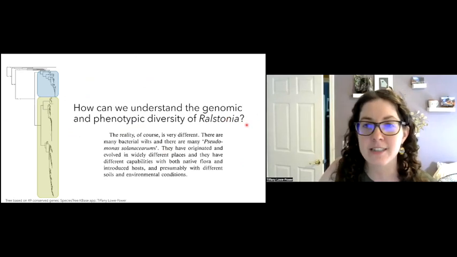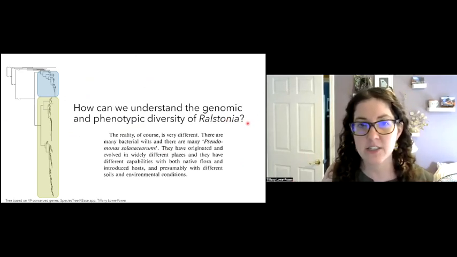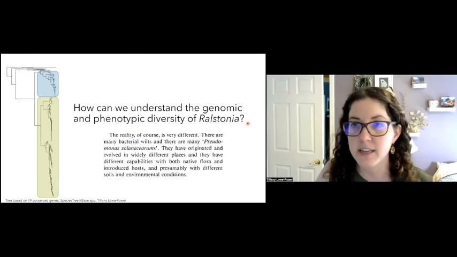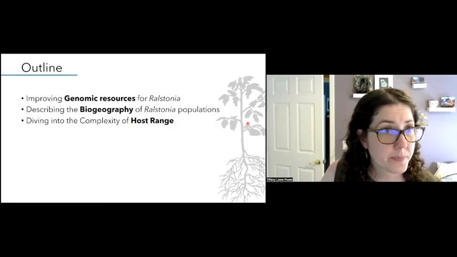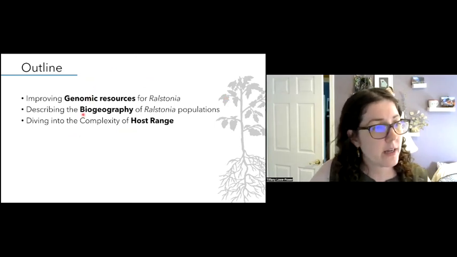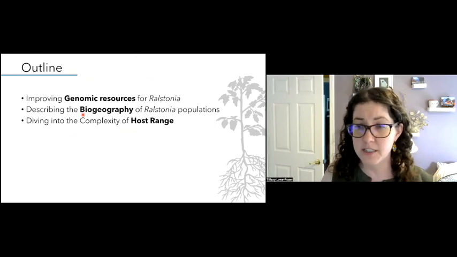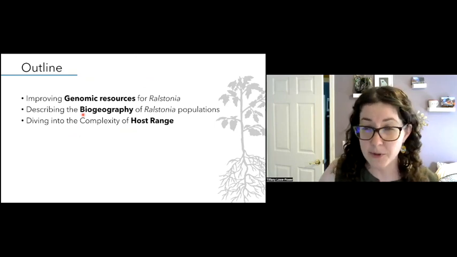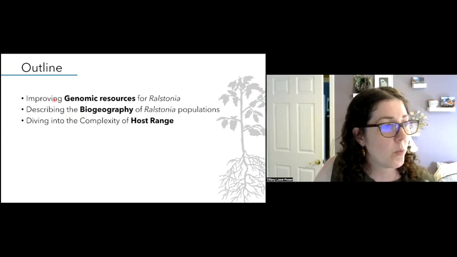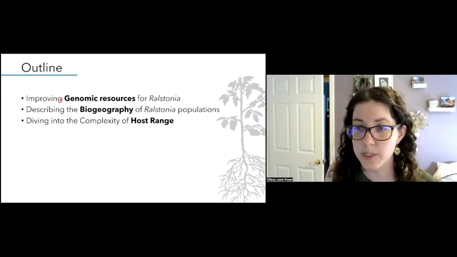And so a big question in our lab, and I think the field broadly, is trying to understand the genomic and phenotypic diversity of Ralstonia. So my talk is going to focus on a few really new things that we're doing in the lab to try to build out knowledge and especially build out collaborations. One of these focuses on trying to improve the genomic resources for Ralstonia.